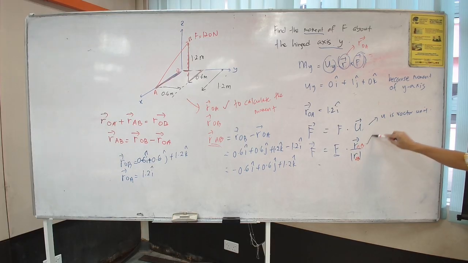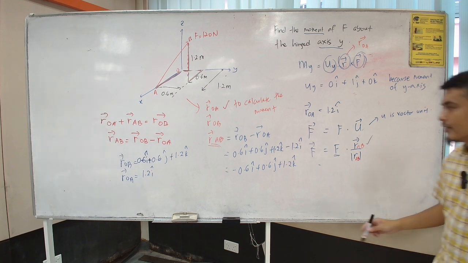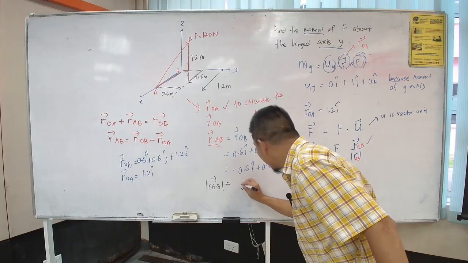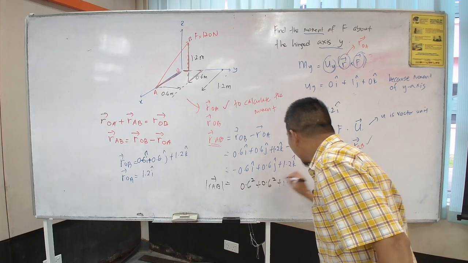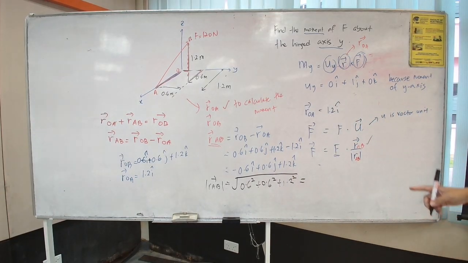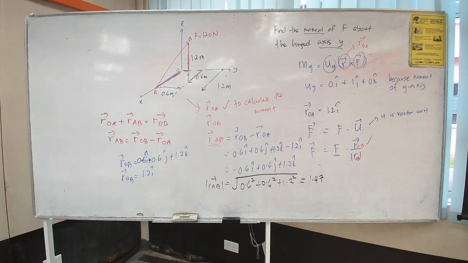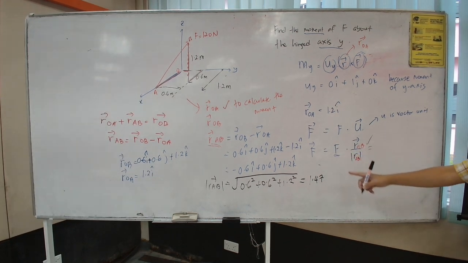Now we need to find the magnitude of RAB. And this one will give you what answer? 1.47. Alright. So now at the end, you know that this force can be converted to vector.